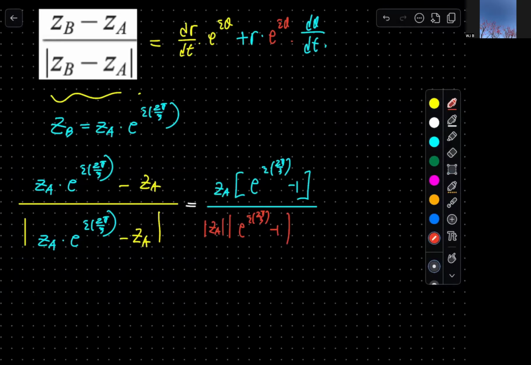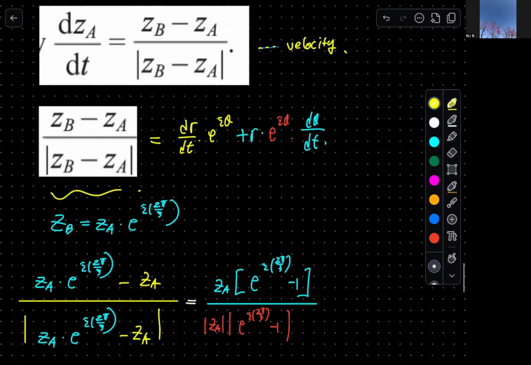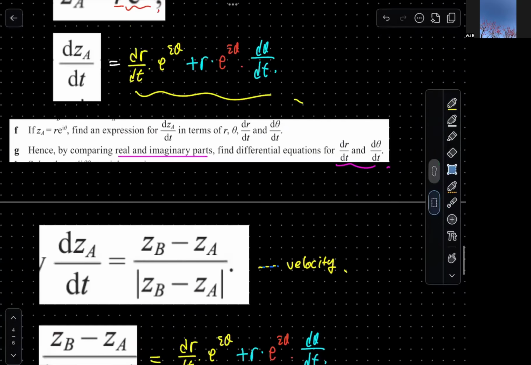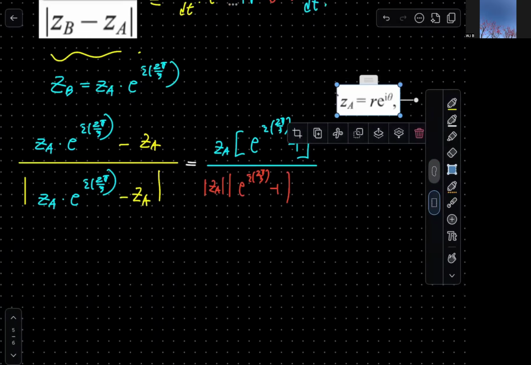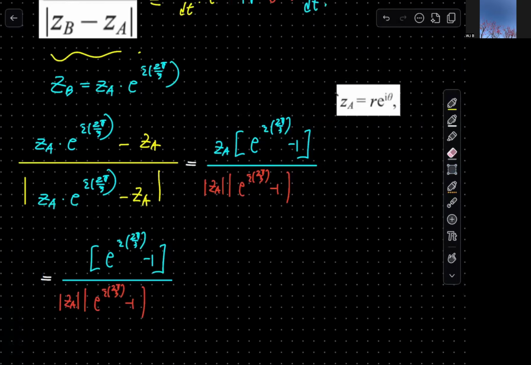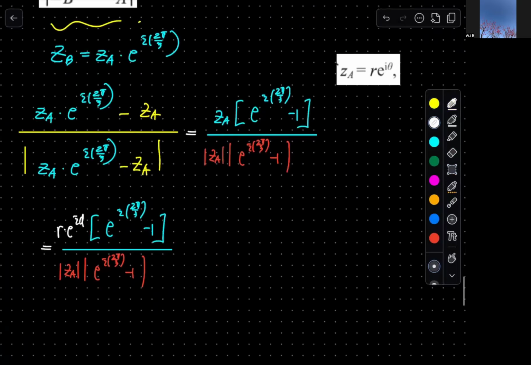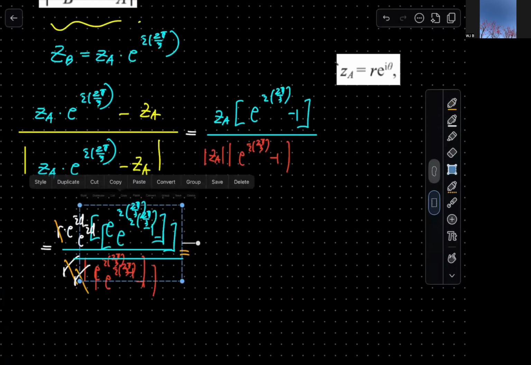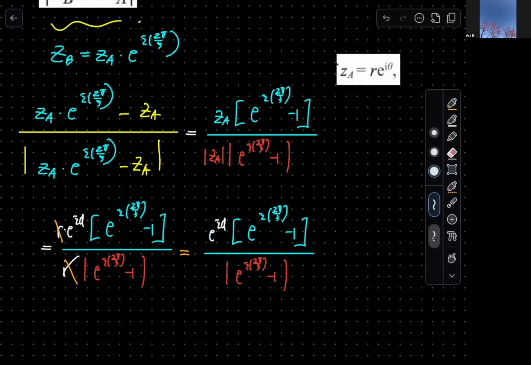But of course, I can give a further definition because we described ZA as the modulus and the following argument. So let's put it into Euler form, especially on the numerator. I can give it as r times e to the power of i theta, no problem. The absolute value of the complex number is simply r, so I can just cancel it out.